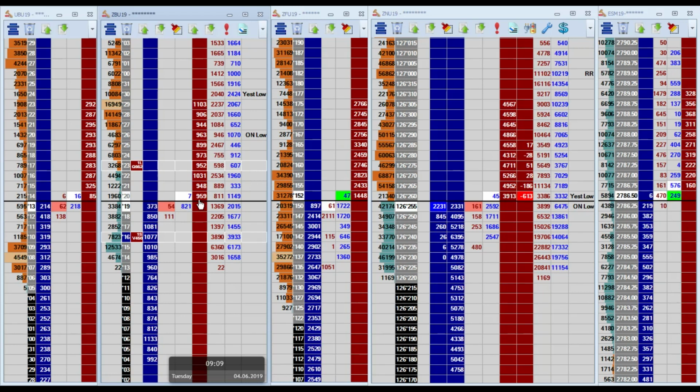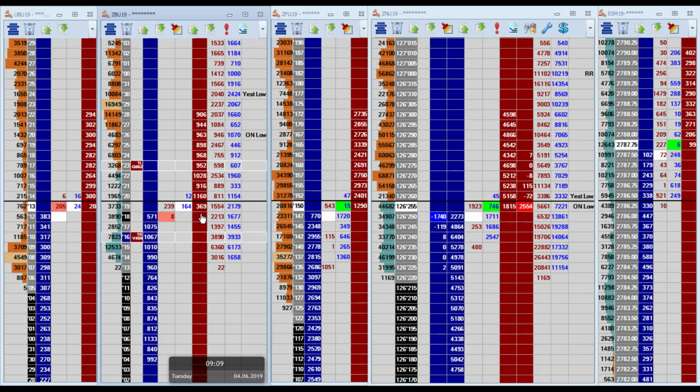Just sort of move our stop up as we get higher, if we go higher. You gotta let this thing breathe a little bit more, but I can't let it come all the way back on me.